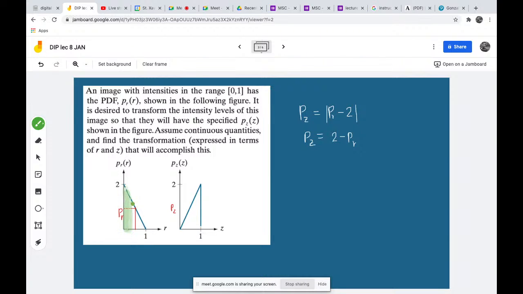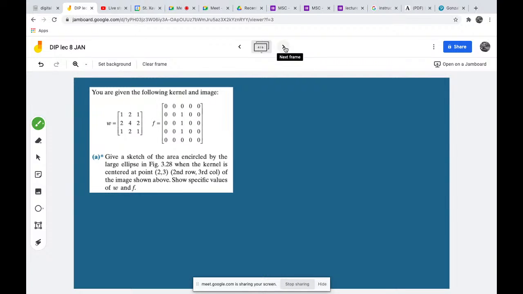Now if you take this image and you subtract each pixel from 2, it will give you a predominantly bright image, because most of the pixels are now moved towards this end. So this gives you a transformation. So good. Let's go ahead.